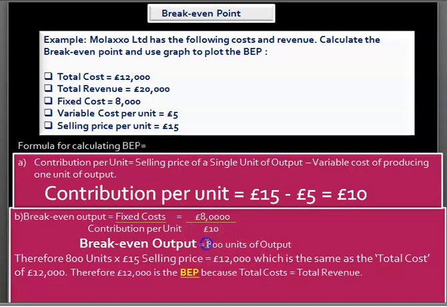They will need 800 computers, and those 800 computers have to be sold at £15 for them to get their total cost of £12,000 back. Remember, break-even point is where they want the total cost to equal their revenue.